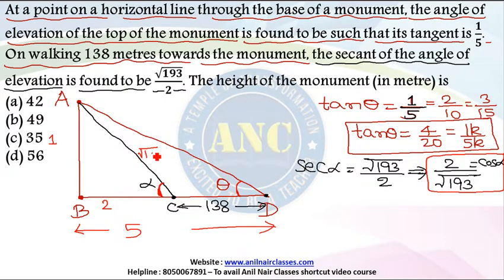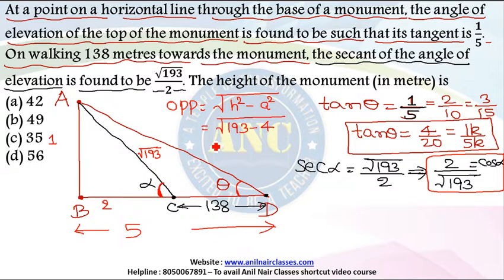It is root 193 units. That means I know the adjacent side 2. I know the hypotenuse. If I want to know the opposite side, it is the square root of hypotenuse square minus adjacent square. So this is square root of root 193 whole square, which is 193, minus adjacent whole square. Adjacent square is nothing but 2 square, 4.